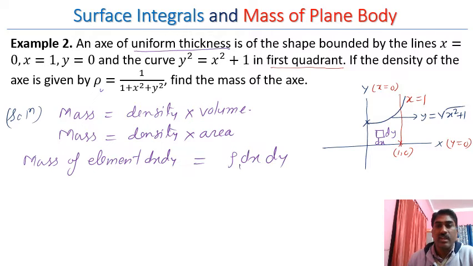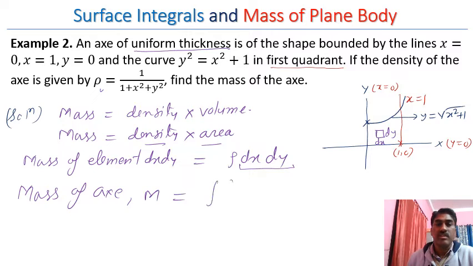Rho is density, and dx dy is area. So density into area, this is mass of this element. What now remains is to integrate this mass over the whole area. So mass of the x, let it be noted as m, is the double integral over the region of rho dx dy. This is our total mass.